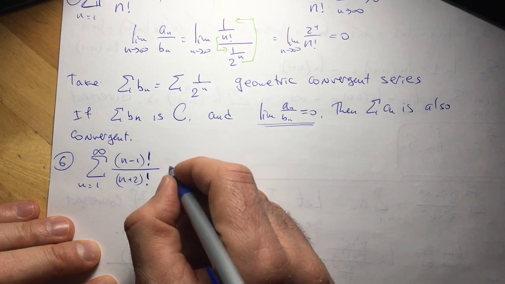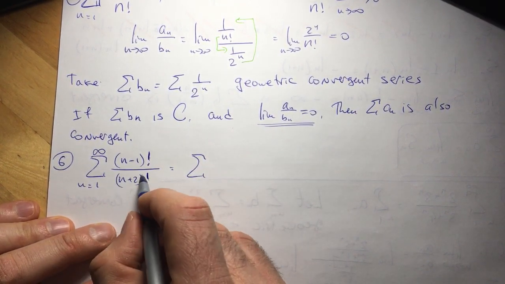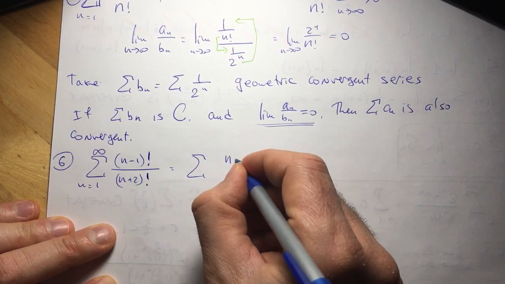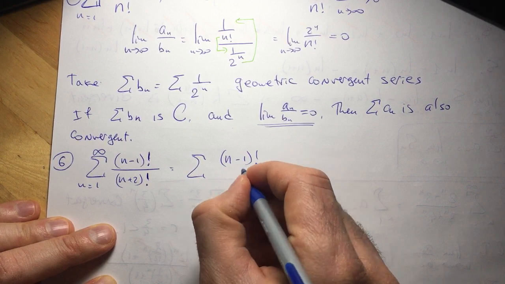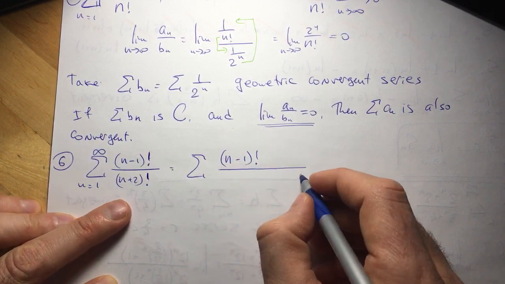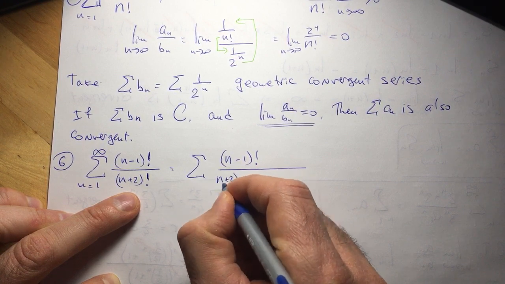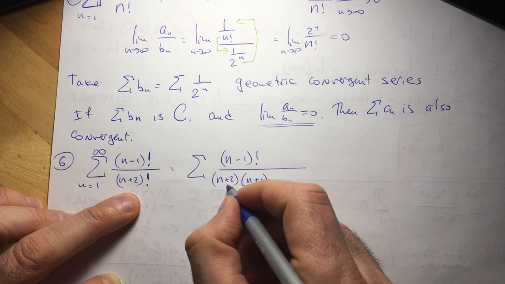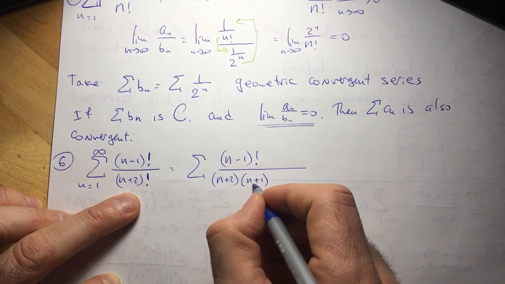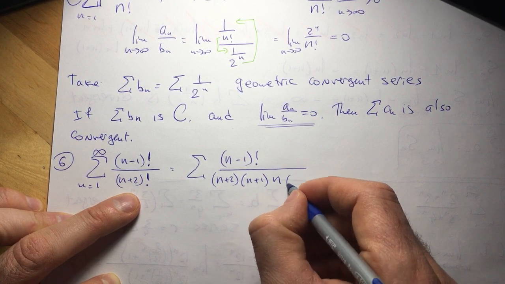And this always express the bigger factorial in terms of the smaller factorial. So n minus 1 is less than n plus 2, so I'm going to keep the smaller factorial as it is. And then the bigger factorial is n plus 2 times 1 less, which is n plus 1. 1 less than n plus 1 is n. 1 less than n is n minus 1.